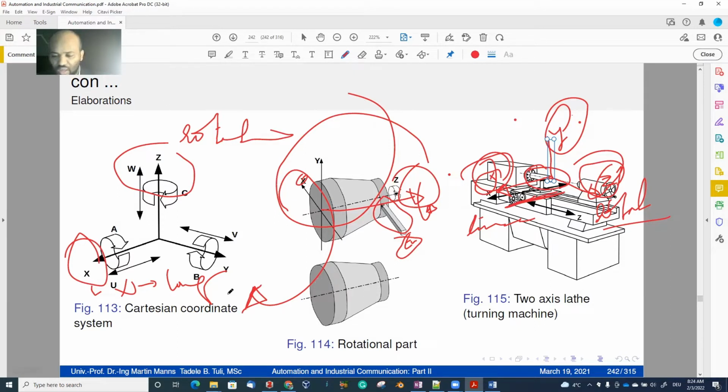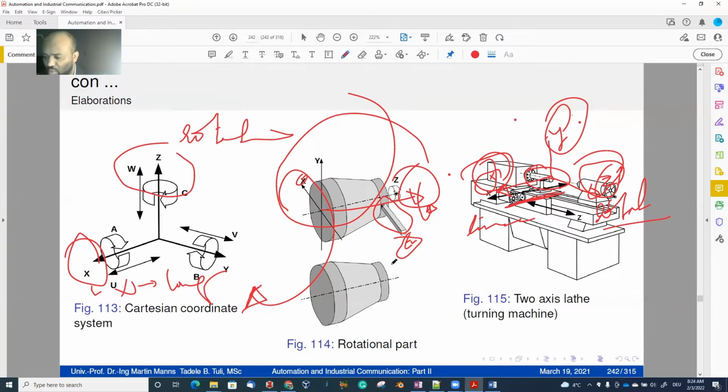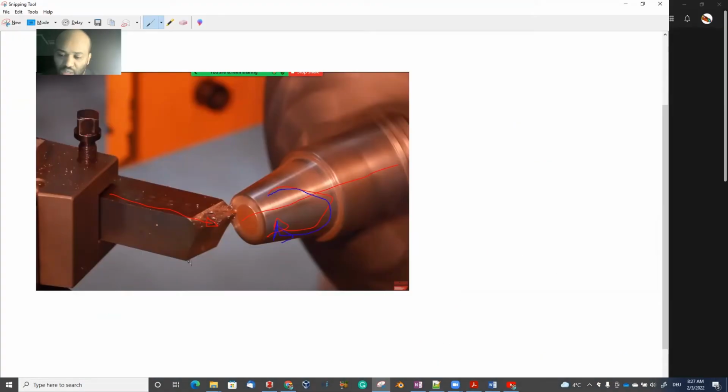Okay, now I would like to go to the next step. This is actually for the turning operation. Turning operation is most of the time done by lathe machines. I hope you know these turning machines. The workpiece rotates about its axis, and the tool is moving along this axis.